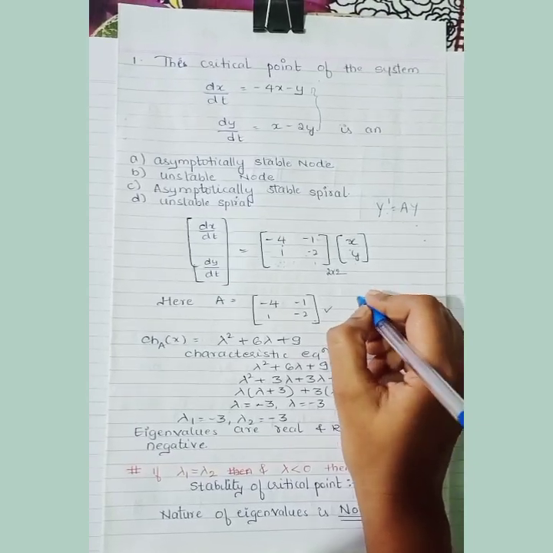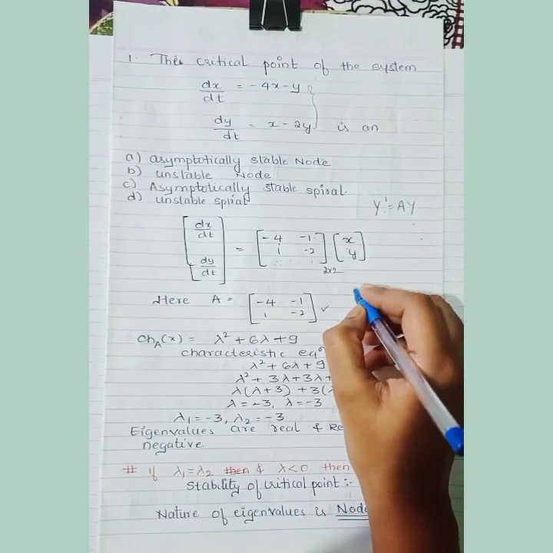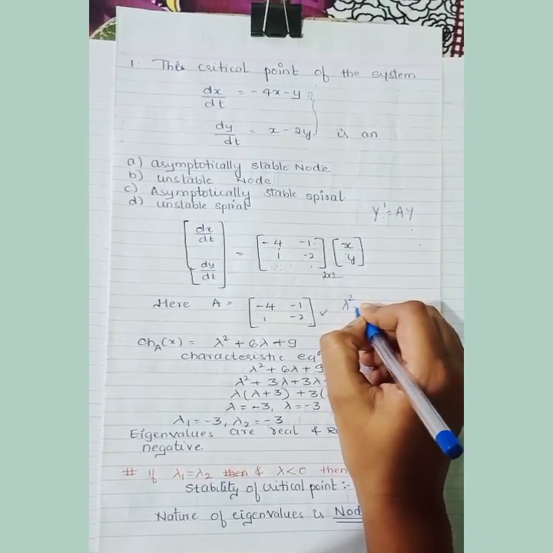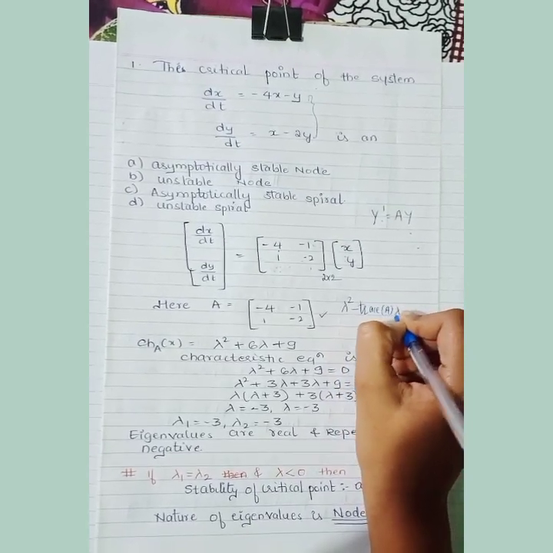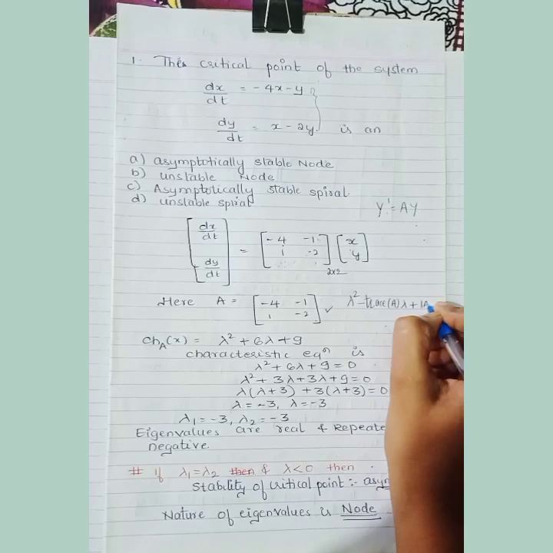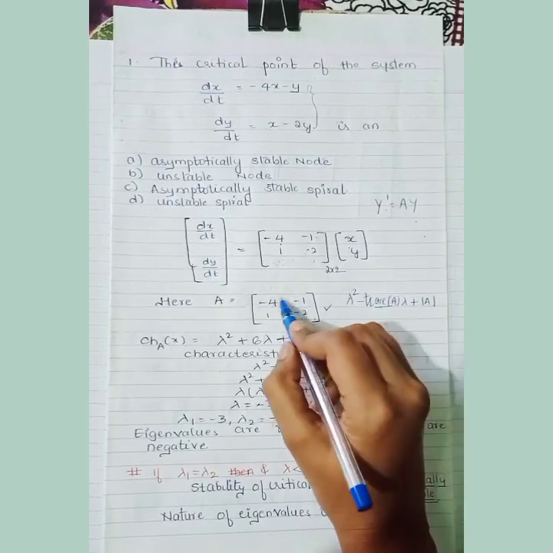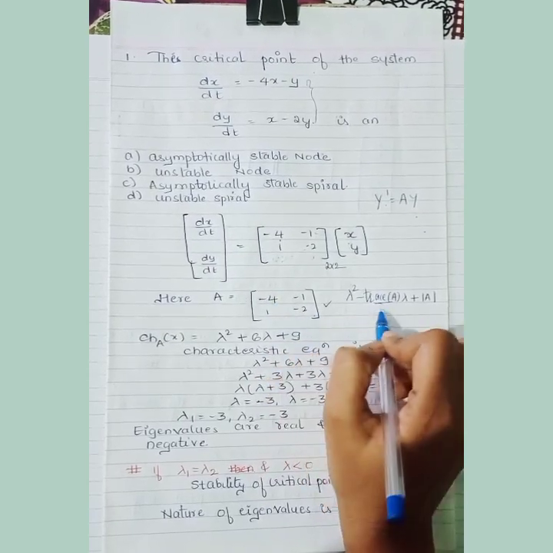What is the standard characteristic equation for a second order matrix? That is lambda squared minus trace of the matrix A into lambda plus determinant of A, right? So what is the trace of the matrix A? That is the sum of the diagonal elements. The sum will be -4 plus -2, it will be -6.